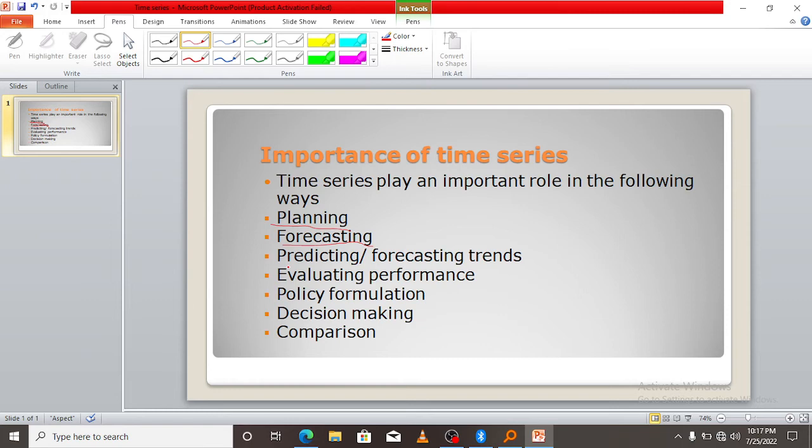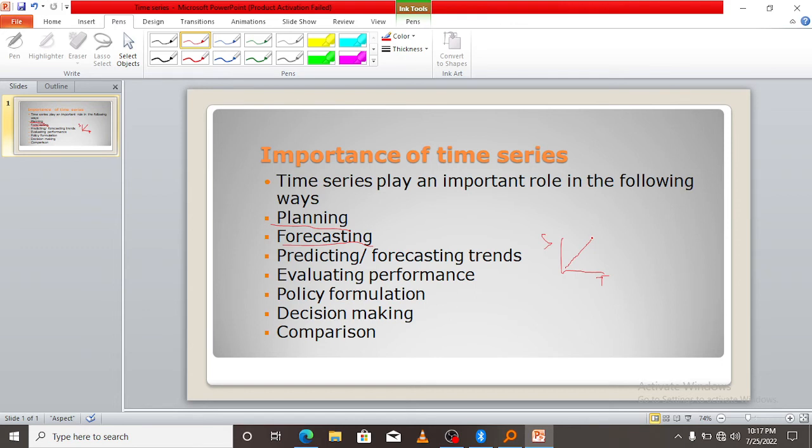Let me draw my simple graph here. Here we have time, the variable time, and here we have sales. This upward movement implies an increase in sales, and this implies a decline or a decrease in sales.